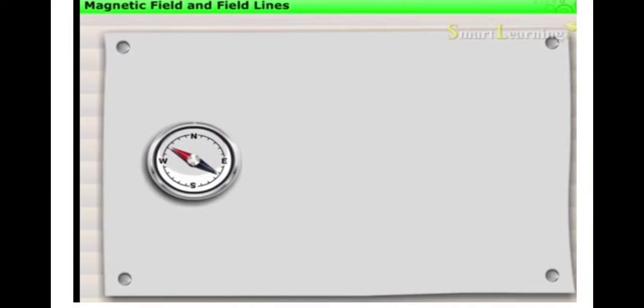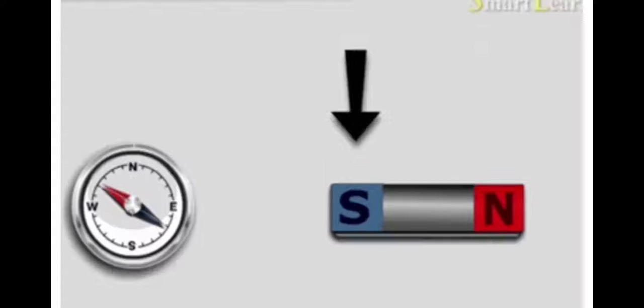Take a small compass and a bar magnet. Note that the red end of the magnet is the north pole and the blue end is the south pole. Place the magnet on a sheet of white paper fixed on a drawing board and mark the boundary of the magnet. Place the compass near the north pole of the magnet.